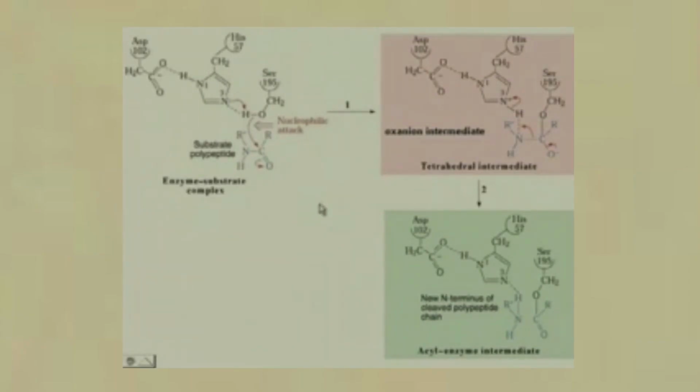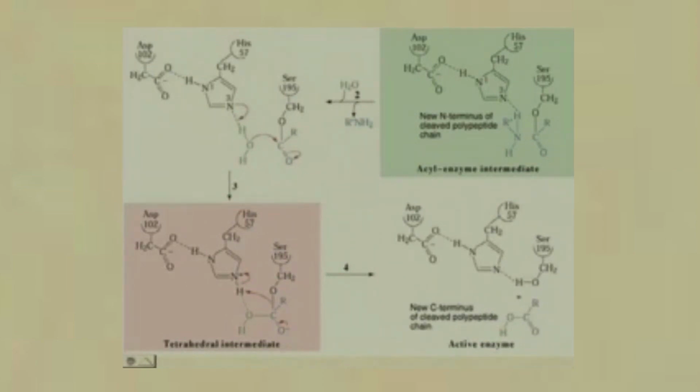Okay? That's essentially what the whole step is all about, and all we need to know is we have to regenerate the enzyme. Regenerating the enzyme means the histidine usually reverses its role, but in this case it's doing its role twice.